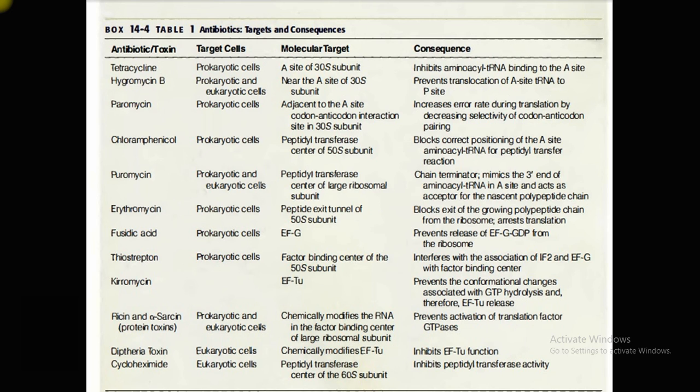As an example, you can see there is paromomycin, whose target cell is the prokaryotic cell. It acts adjacent to the A site, the codon-anticodon interaction site in the 30S subunit, and as a consequence it increases the error rate during translation by decreasing the selectivity of codon-anticodon pairing.